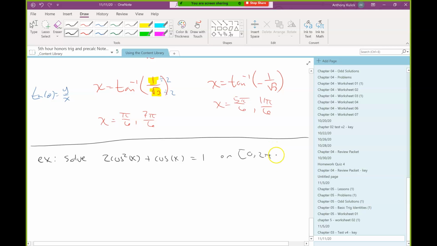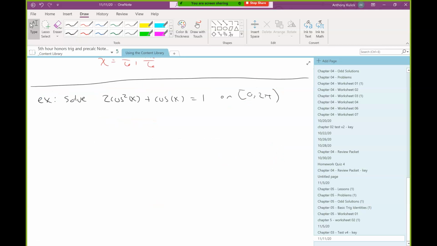What if I have 2 cosine squared x plus cosine x plus 1? What do you notice right away that's different about this problem than any of the previous ones we've done? Good, so we have x's in more than one location.